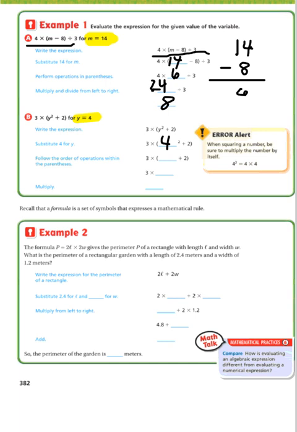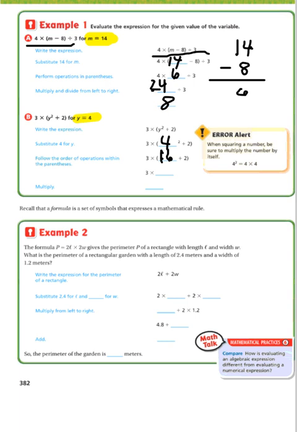Okay, follow the order of operations. So the first thing we would do is everything inside of the parentheses. So there's 4 squared plus 2. Well, we are going to do the exponent before we do the addition. So 4 squared would be 4 times 4, or 16.